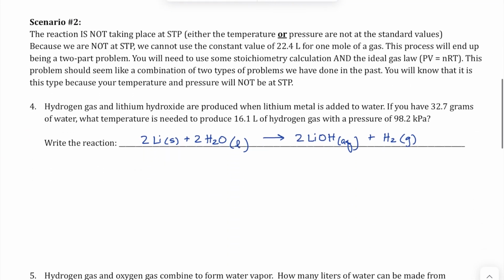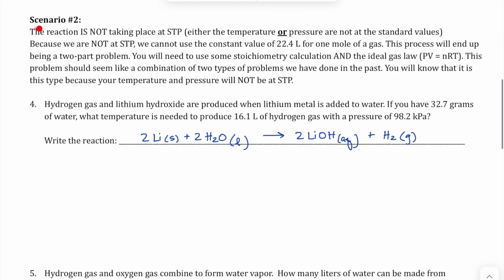If we are not at standard temperature and pressure, then we need to use the ideal gas law, which is what we're going to discuss in scenario 2. So if our reaction is not taking place at STP, then we need to take into account what the temperature or pressure is, and we cannot use that 22.4 liters for 1 mole of gas.